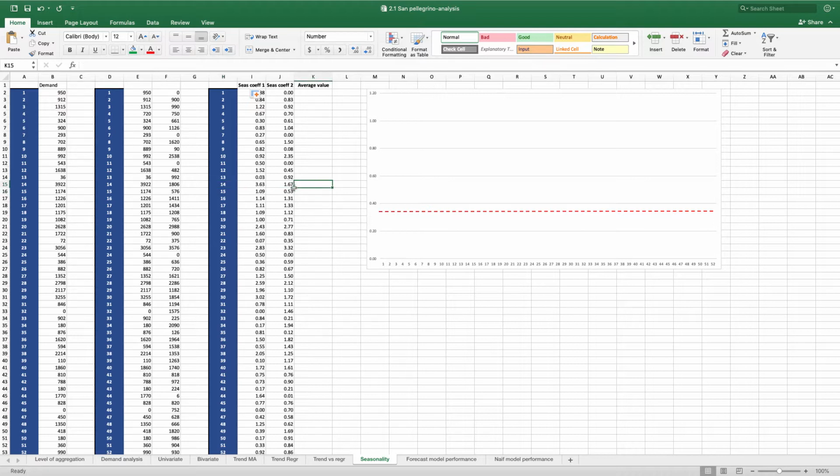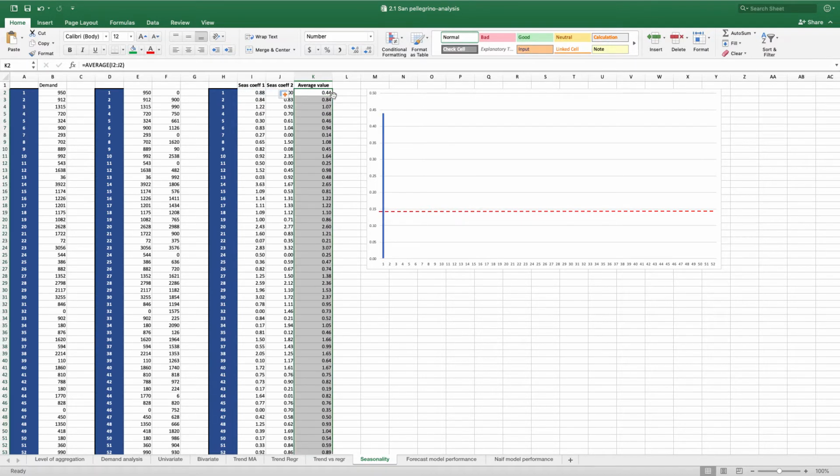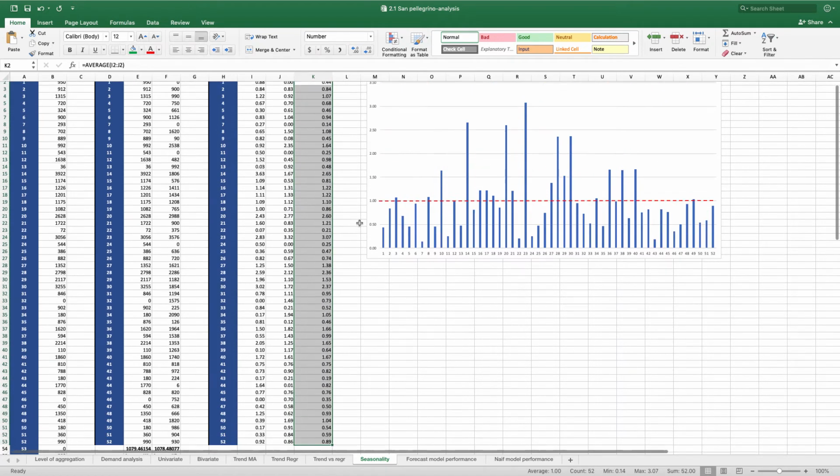What can I say about this? On average, what happened? I simply make the average between the two values that I have. So to obtain the seasonal coefficient of the period in the cycle, not the specific one, the average, I make the average. And they are displayed here.